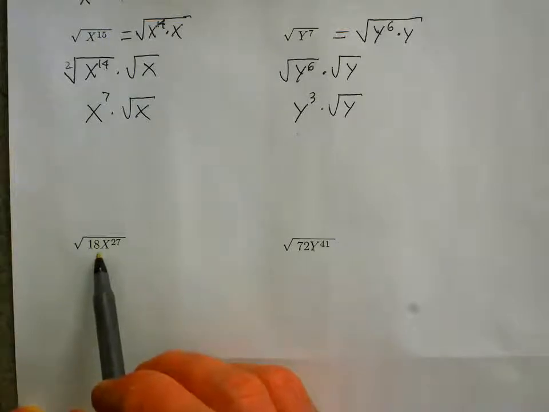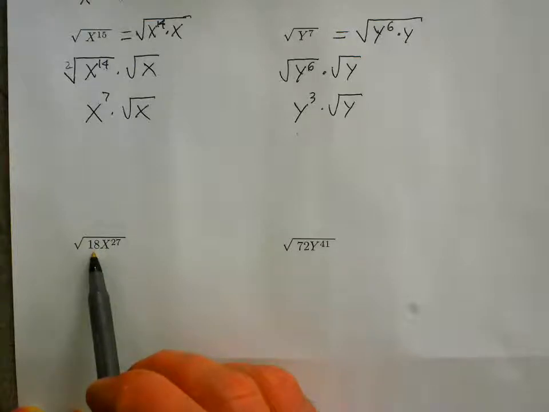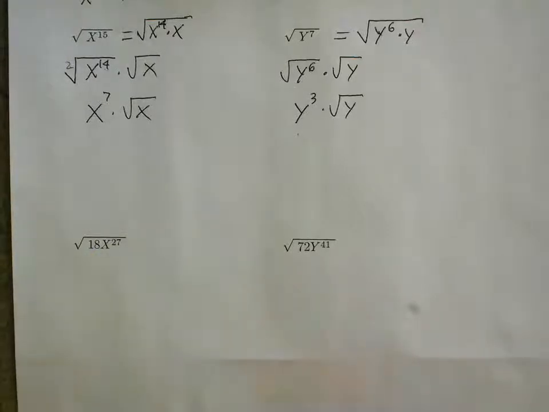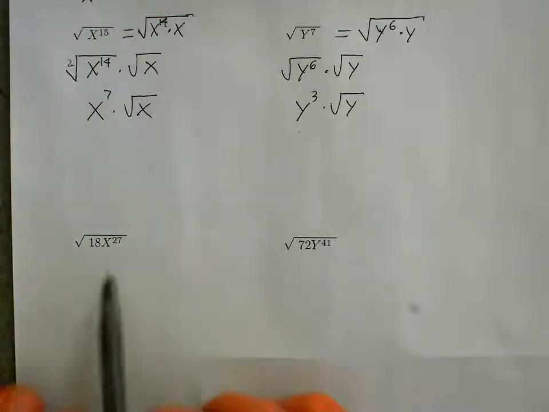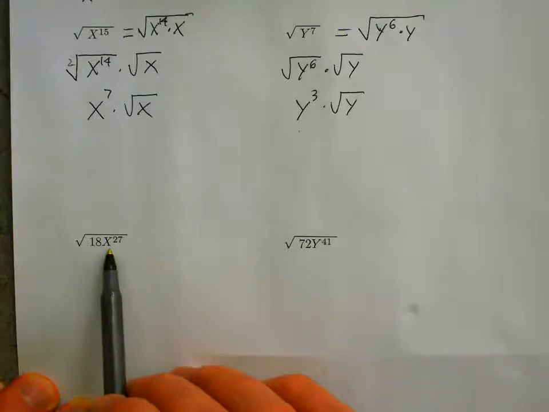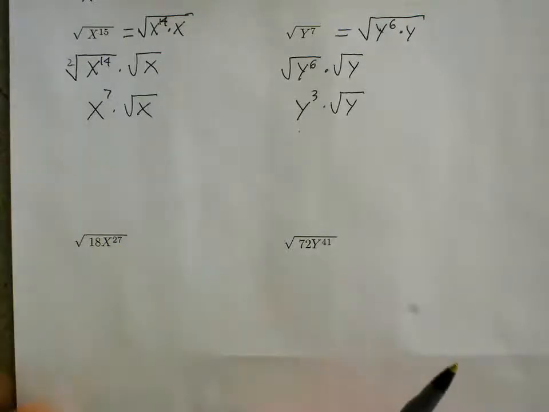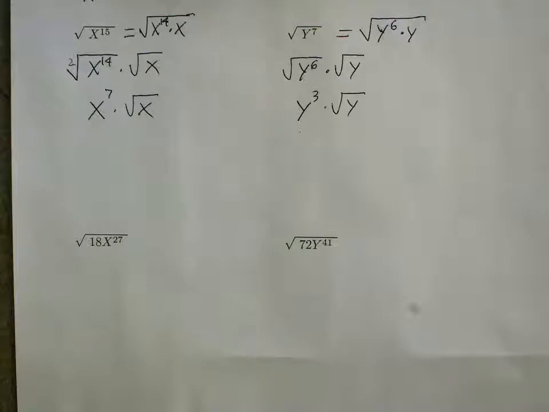We do it separately. First let's focus on the numerical factor 18. What is the largest perfect square factor of 18? 9. 9 times 2 is 18, and 9 is a perfect square. The largest perfect square factor of x to the 27th is x to the 26th.